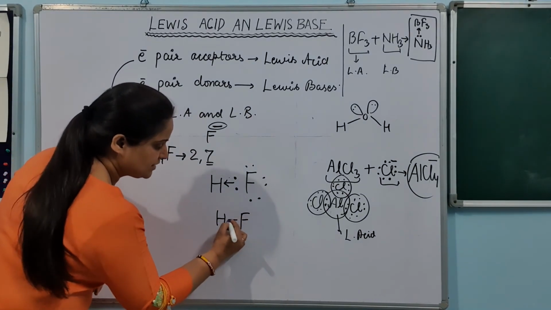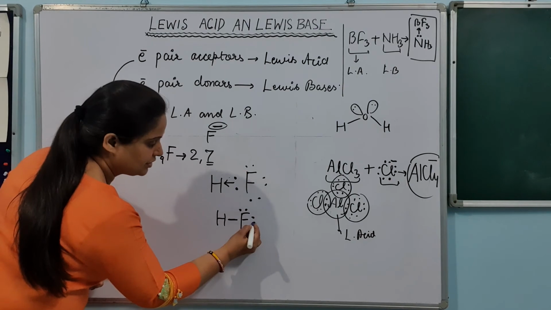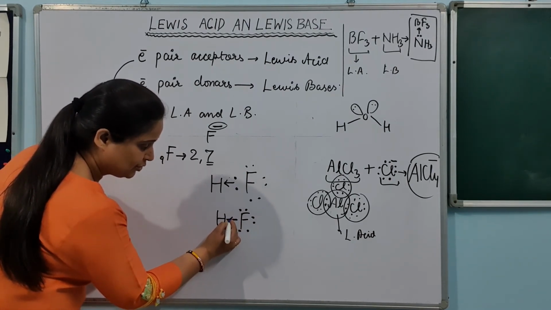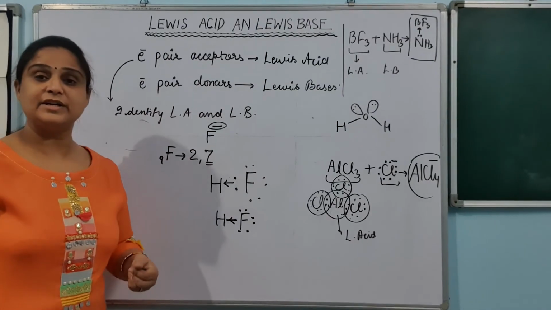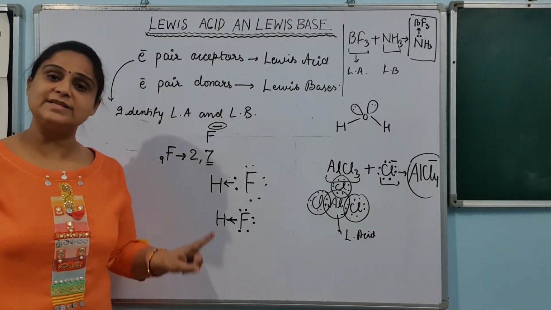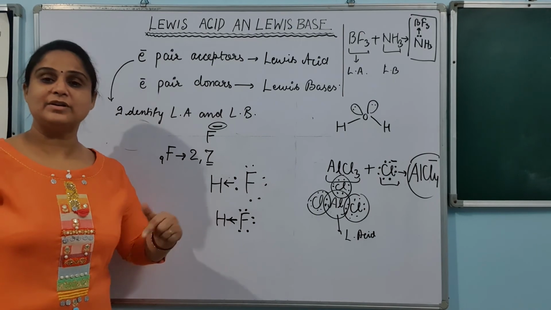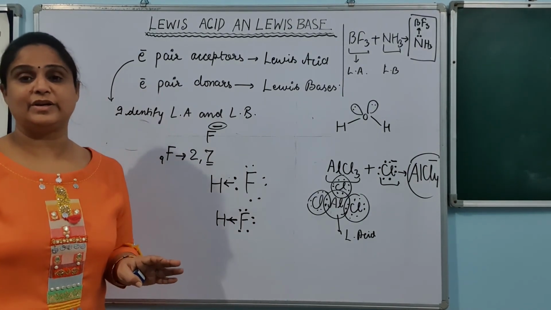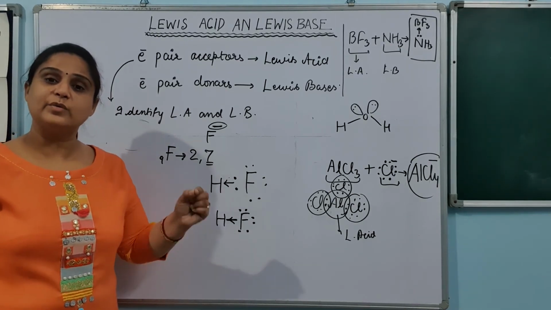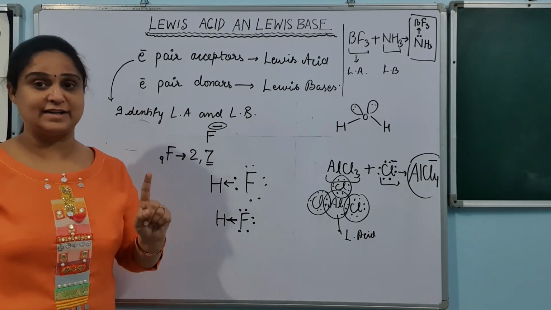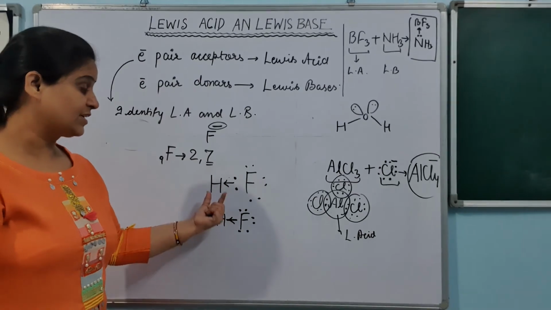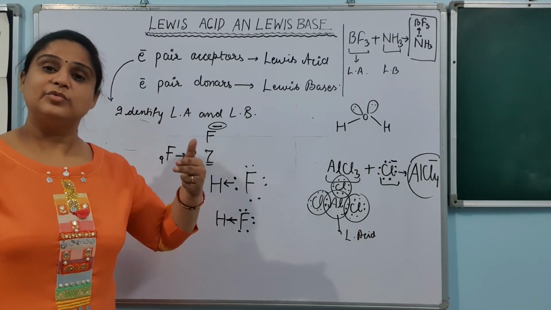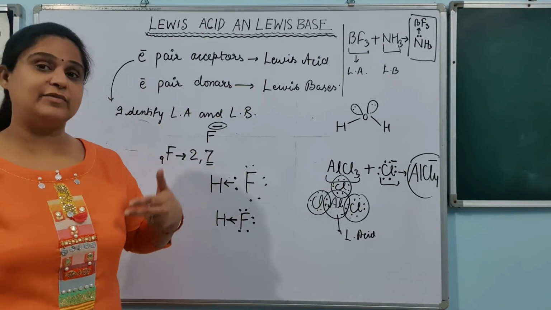This single bond here is indicating what? This single bond is indicating coordinate bond, and that coordinate bond means the sharing from the one side only, never formed from both the sides. In general sharing, covalent bonding, there is one electron from both the sides in a single bond, but here this single bond is made up by the coordinate bond, by one-sided donation.